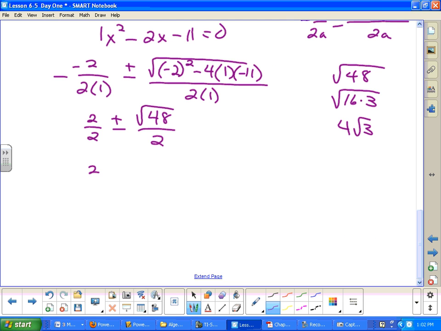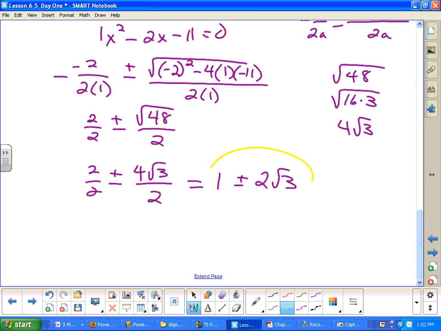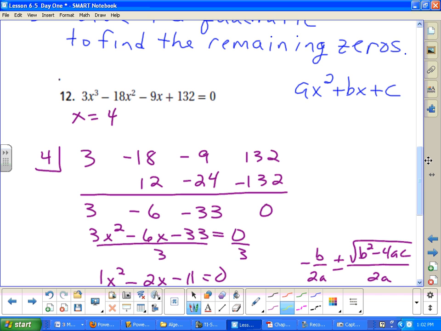So here we've got 2 over 2 plus or minus 4 square roots of 3 over 2. All right. And this can be simplified. So 1 plus or minus 2 square roots of 3. So there's 2 answers: 1 plus 2 square roots of 3, 1 minus 2 square roots of 3, and then my third zero is x equals 4.